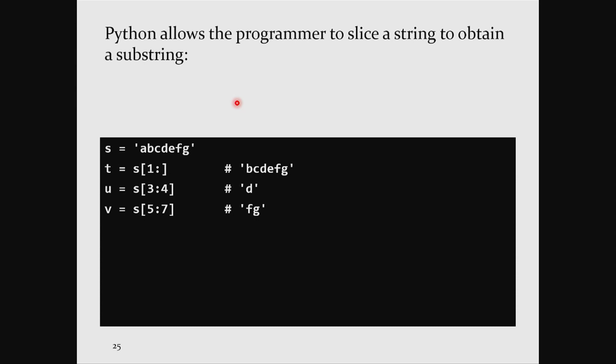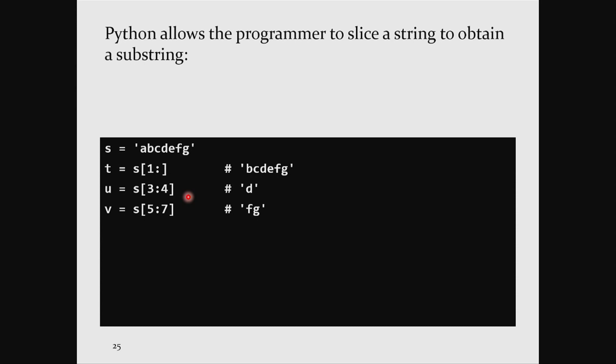OK, slicing a string. In Python, you can slice any sequence, which is really one of the nicest things about the Python language. If I take the slice 1 colon, that's the substring starting from the second character of S, so starting from the B, the rest of the string.